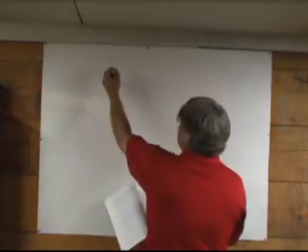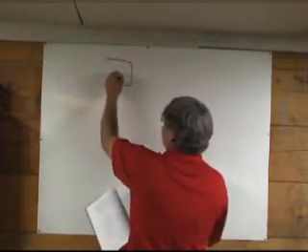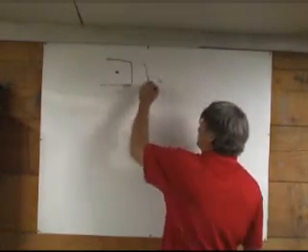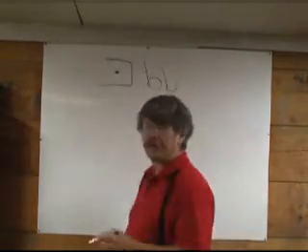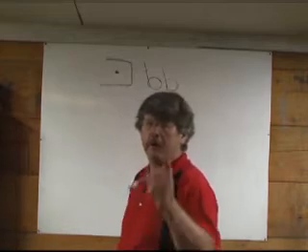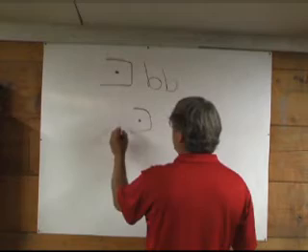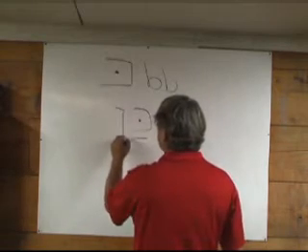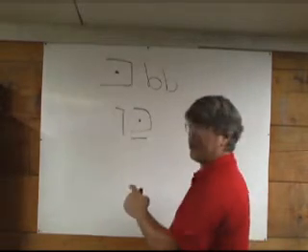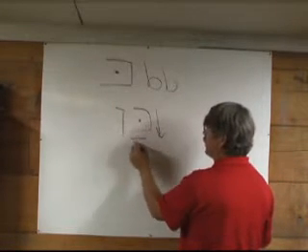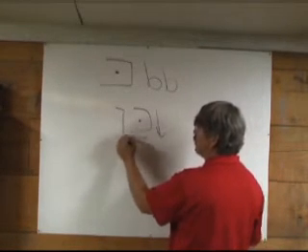When a point indicates a doubling, the dagesh indicates a doubling. It's called dagesh forte, or a strong dagesh. If, for instance, in a word we have ban, remember we're reading down to the patach, you have the bet, patach, and then the final nun.